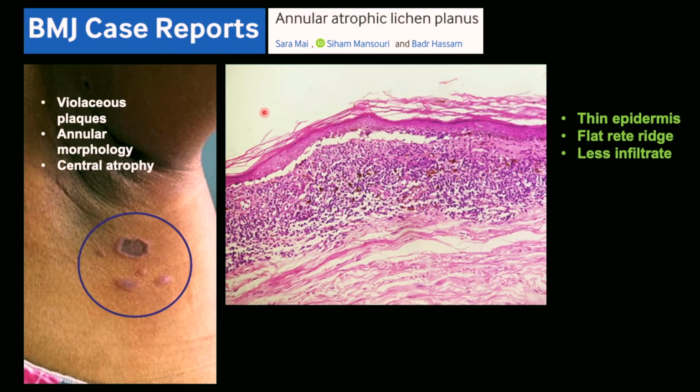So just a few examples of the annular and also the circular. Sometimes they are tied together, where we see the central atrophy and the villous plaque, like we see in lichen planus. And on histology, in addition to the features that we see in lichen planus, we see here the thin epidermis, where the rete ridges are flat, with less severe inflammation.